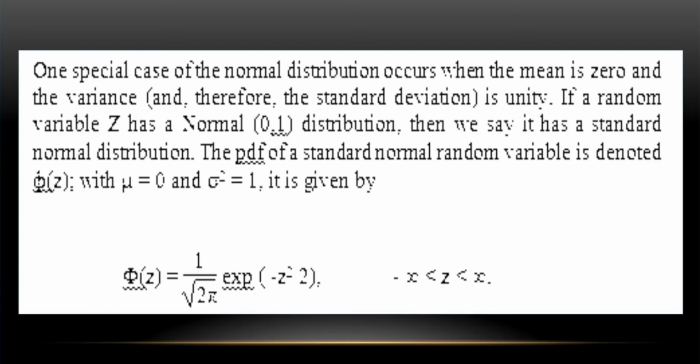The PDF of a standard normal random variable is denoted by phi of z with mu 0 and sigma square 1. It may be given as phi z is equal to 1 by root 2 pi exponential minus z squared by 2, where z varies between minus infinity to plus infinity.